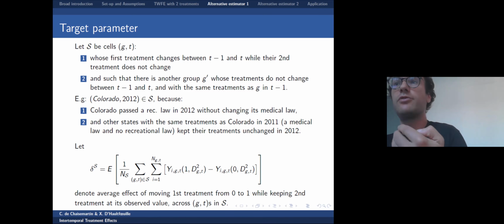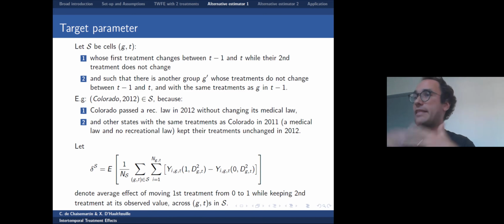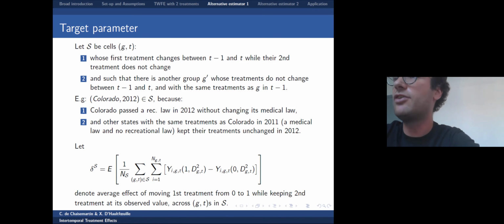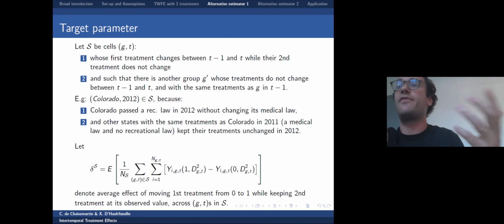The command is not going to be able to estimate the treatment effect of those cells, and that's why there is kind of a curse of dimensionality, like you're saying. If you start having like 10 treatments, it's going to start being very hard finding proper controls for each switching cell. And you may end up with a very noisy estimate in that case. So then there's going to be some kind of bias-variance trade-off.